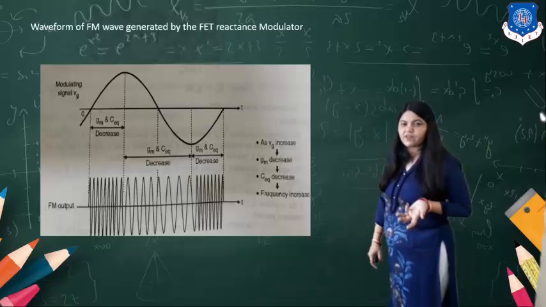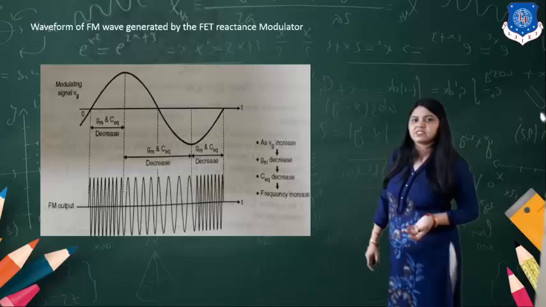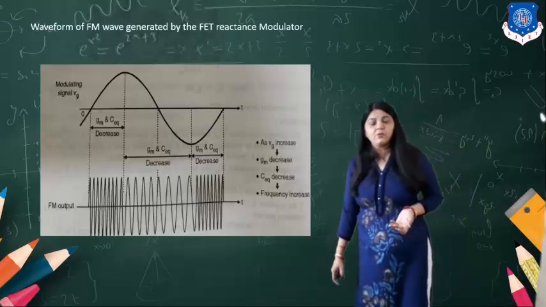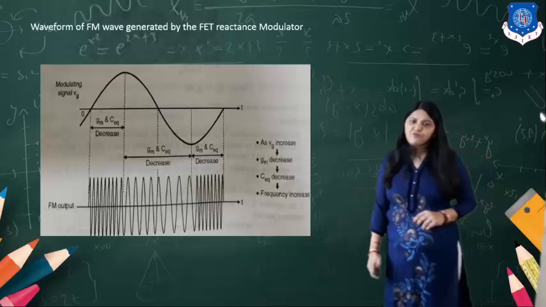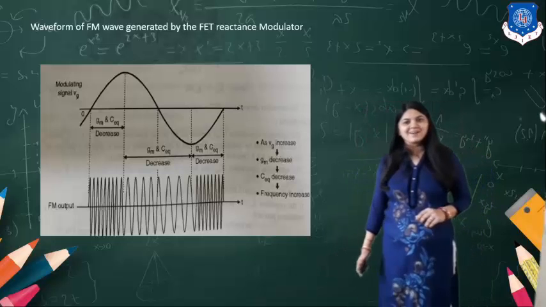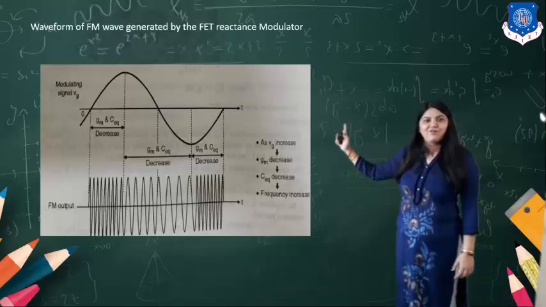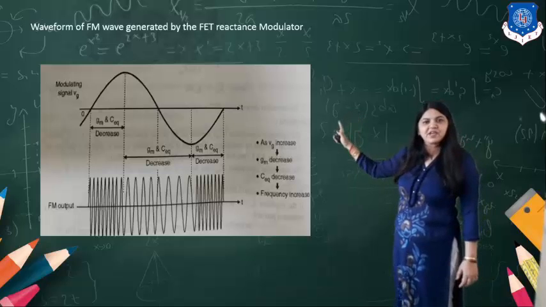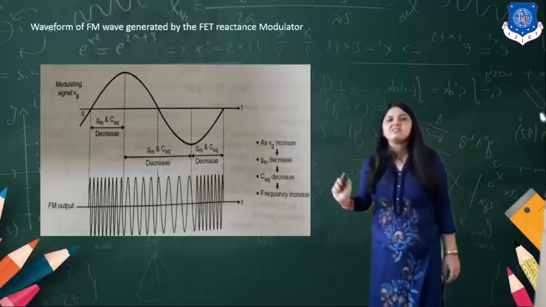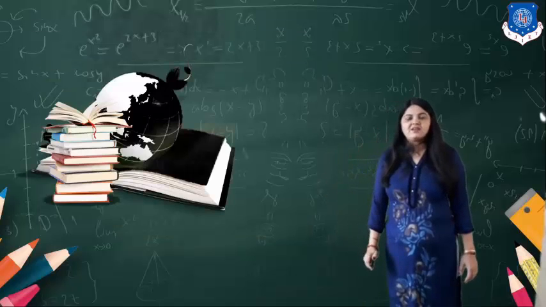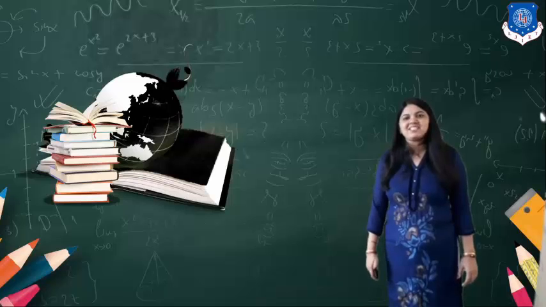That is the way that by changing the capacitance value we are able to produce the change in the frequency. So this is about the waveform of the FM wave generated by the FET reactance modulator. Okay, so thank you very much everyone.